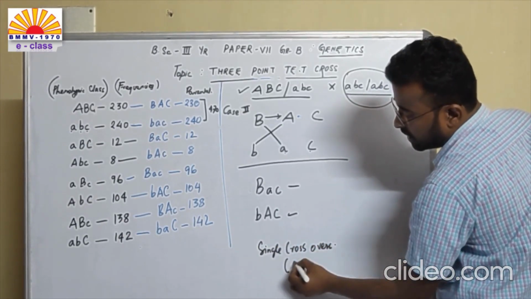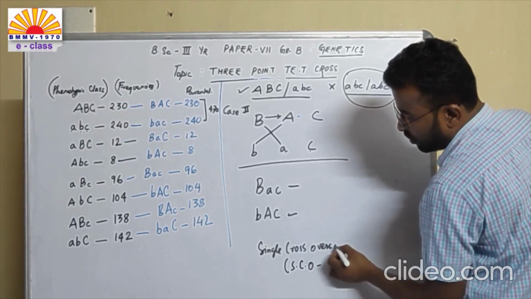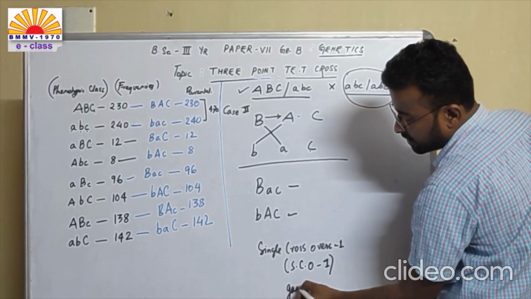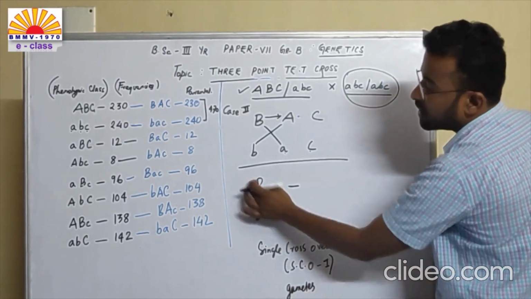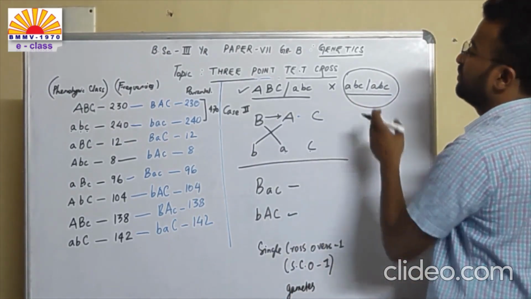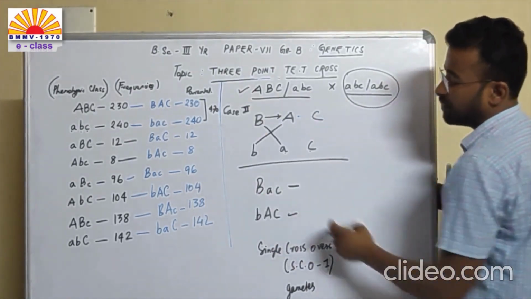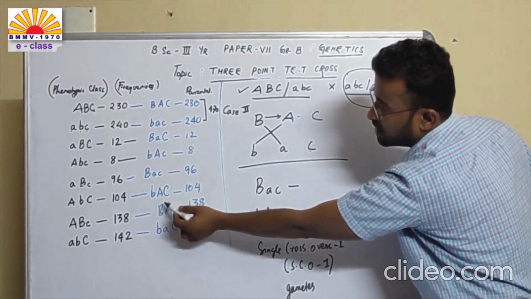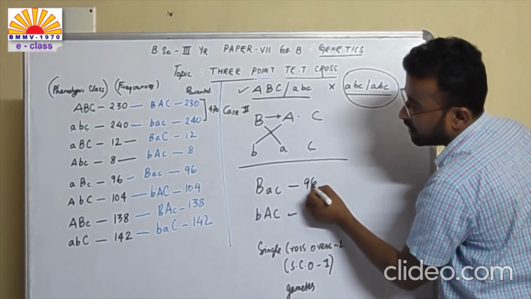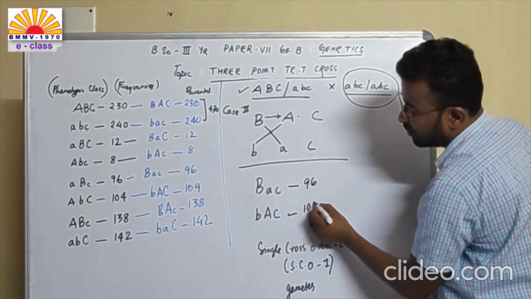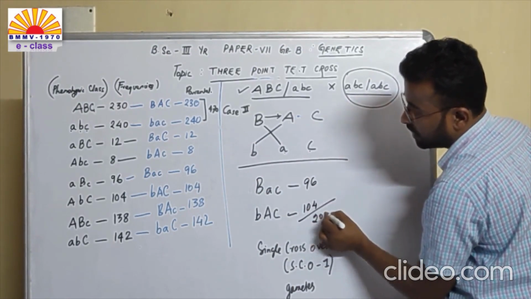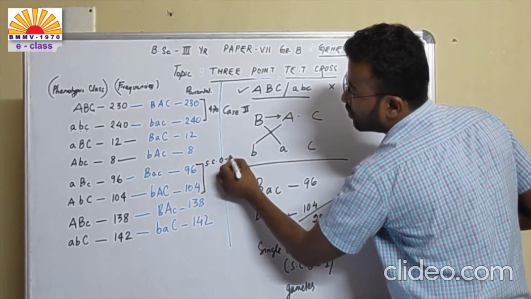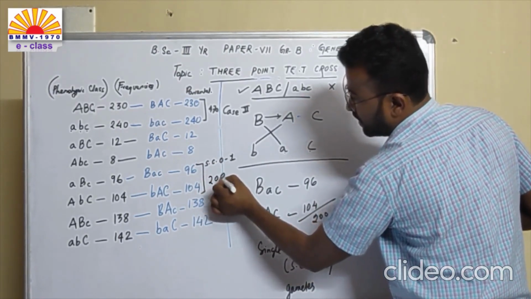Let us write it as single cross over 1 gametes. So these are gametes that will participate in further production of these type of progenies. Okay, and capital BAC is 96 and this is 104. The total is 200. So let us designate these as single cross over 1 and it is 200.